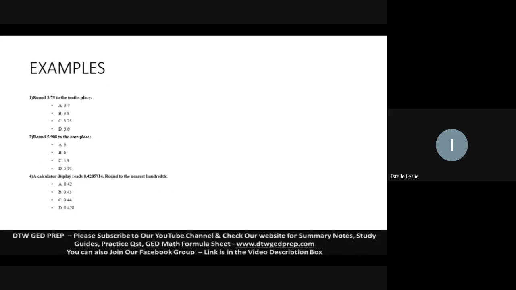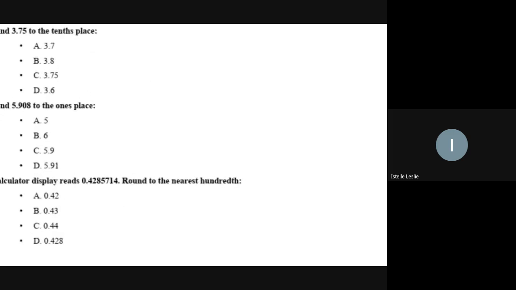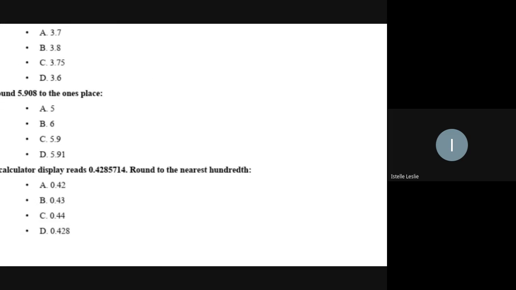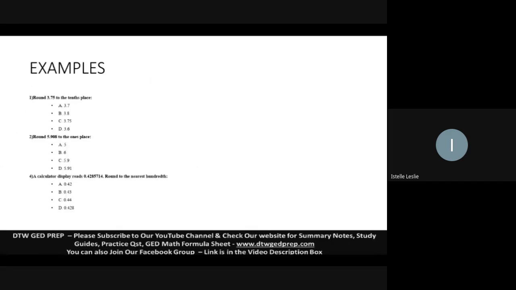That's correct. The digit in the hundredths position is 2, and the digit to the right of it is 8. So we add 1 to 2 to become 3. Then 85710 are zeros. Since they are zeros after the decimal, we can discard them to just have 0.4.